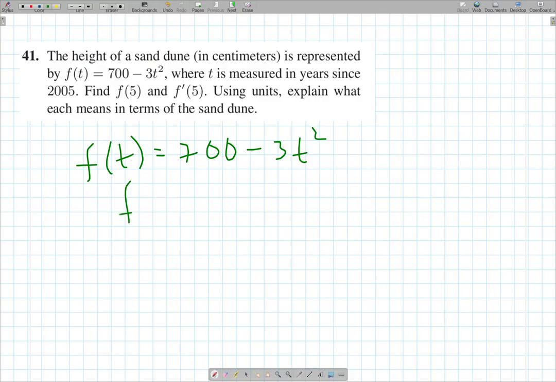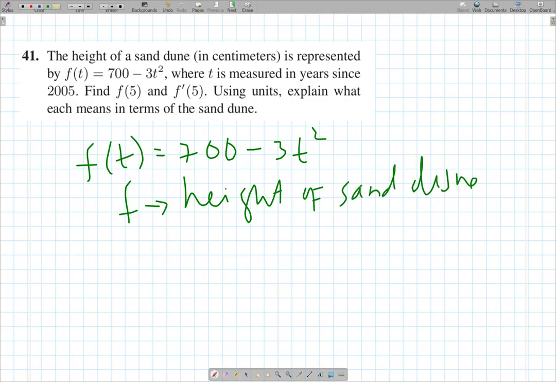Our f is the height of the sand dune, in centimeters. Okay, ano ibig sabihin ng t sa equation na to, class?